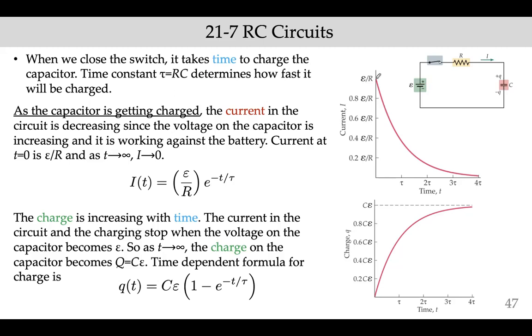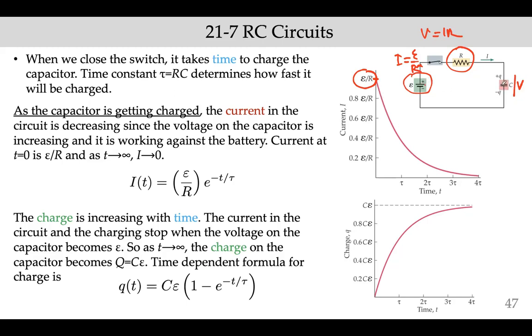So initially the capacitor is empty, so it doesn't act as a battery. Initially, you can think of we have only the battery and the resistor. And the current here, using Ohm's law, would be epsilon divided by R. So initially, current is epsilon divided by R at time equals 0. So initially, the current is maximum. But as the capacitor is getting charged, it builds up voltage, which is in the opposite direction to this battery.